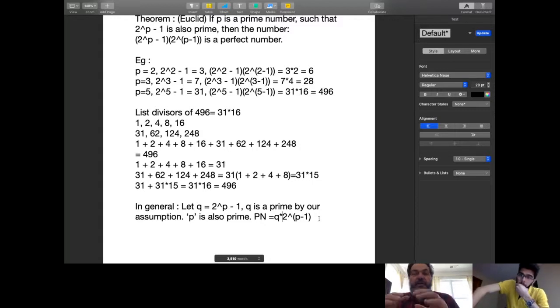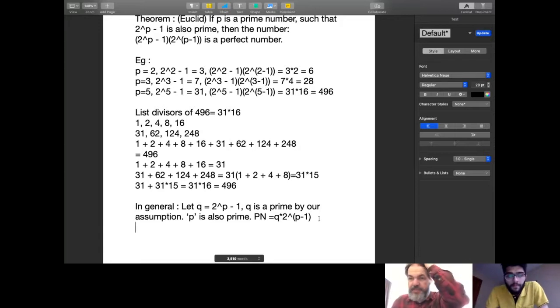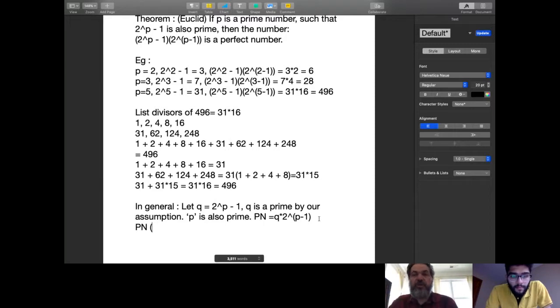So now again, let's list the divisors of our number Pn. On the first row, we list the divisors that are the powers of 2: 1, 2, 4.